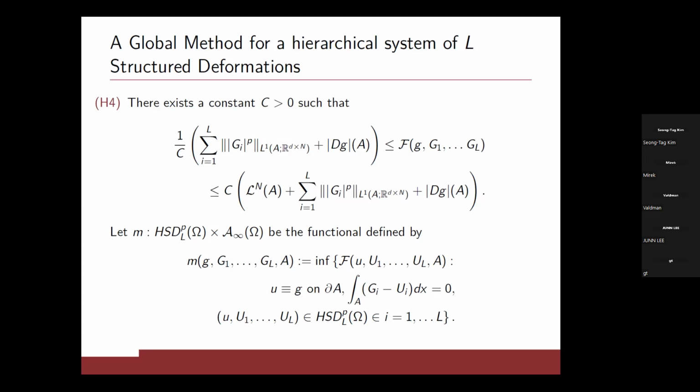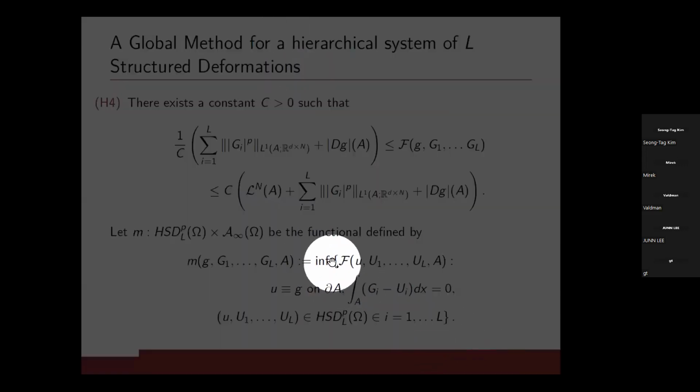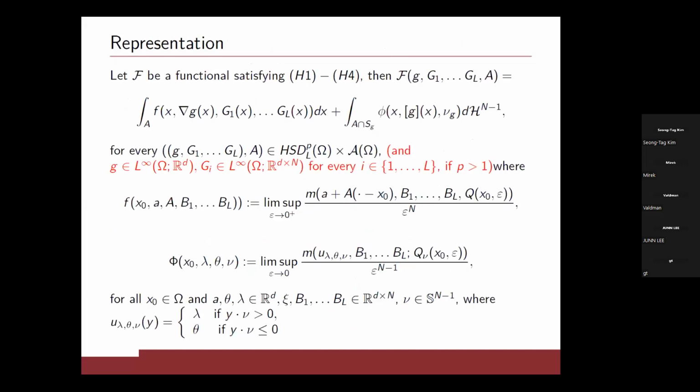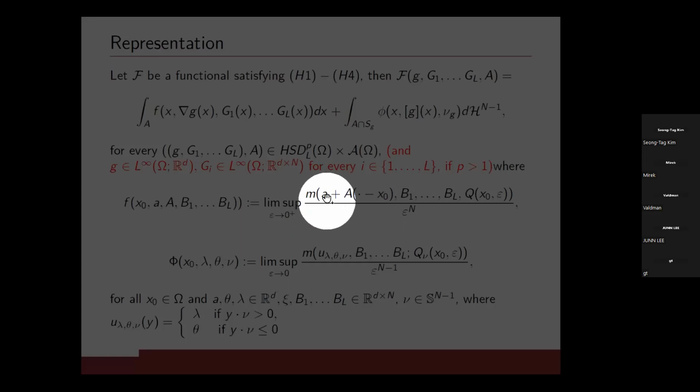In which way? Not really taking directly the Nikodym derivative of this object calligraphic F, but infimizing this energy calligraphic F on all the possible fields which coincide with G on the boundary of any open set A, and then infimizing all the possible fields ui who has the same average as Gi in A, and then taking the Radon-Nikodym derivative of these fields little m.